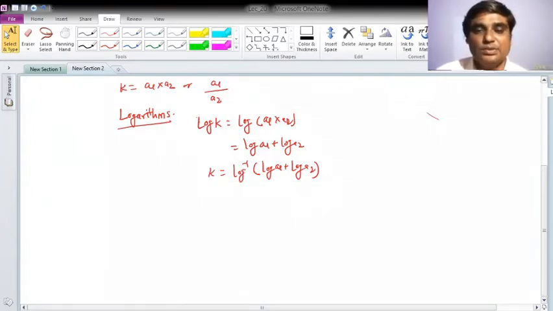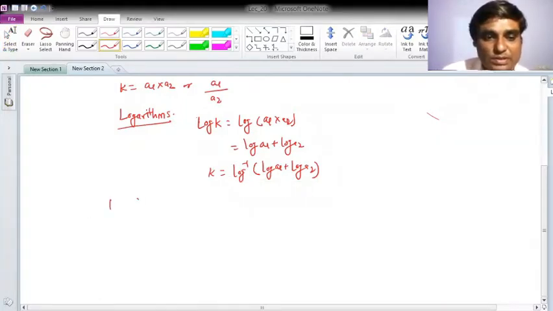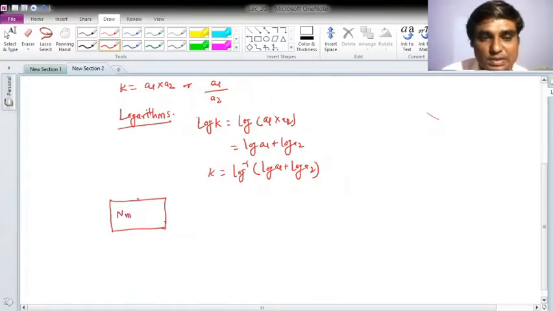Now let us draw the flow so that we can understand it. Suppose I have two numbers, I'll take one block here. I have two numbers, and these two numbers I have to multiply.